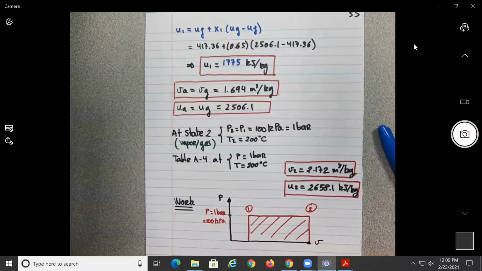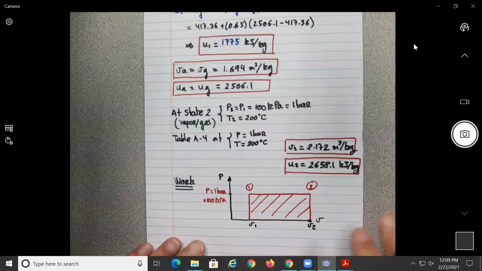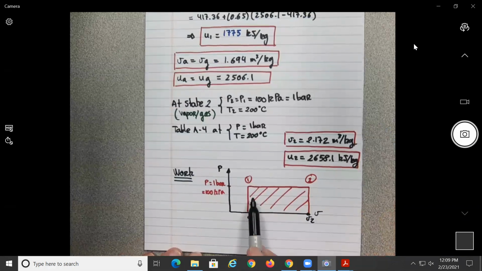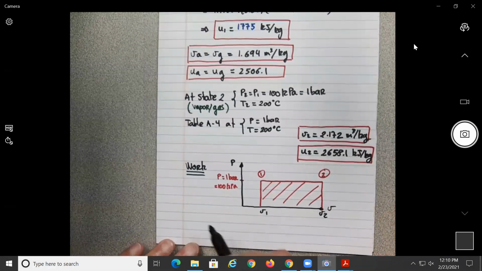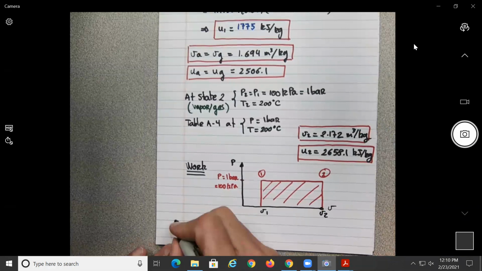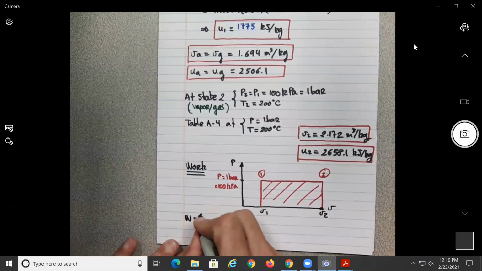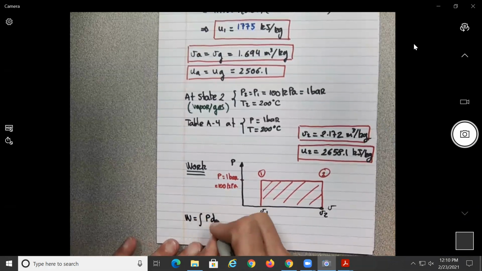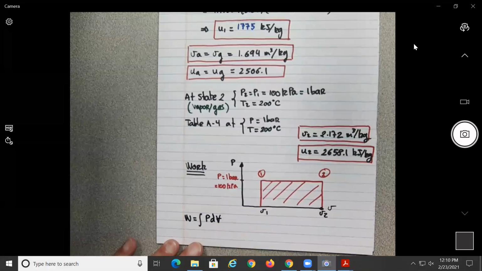So this will be V1, this will be V2. Really, we could do it graphically, but what is the definition? At constant pressure, the work will be the area under the curve. Correct? We know the definition of work is the integral of P dV, for the total volume.